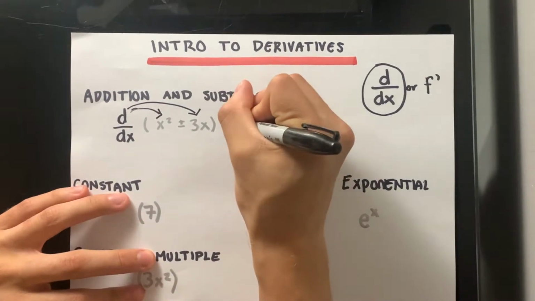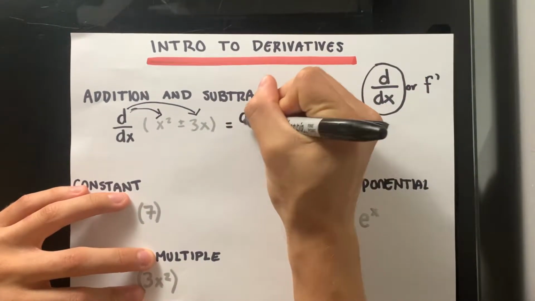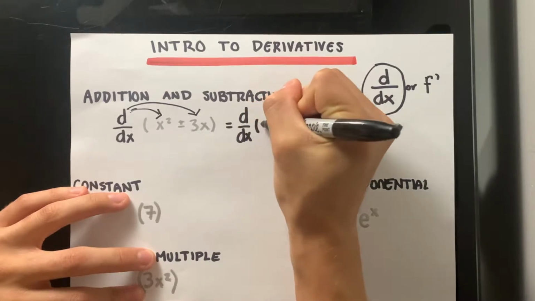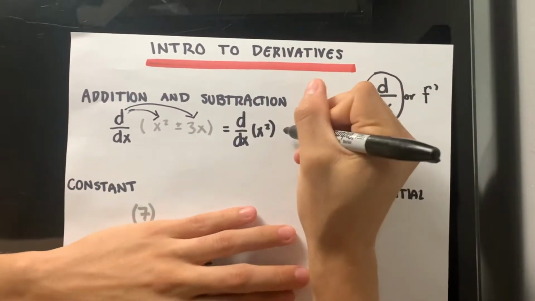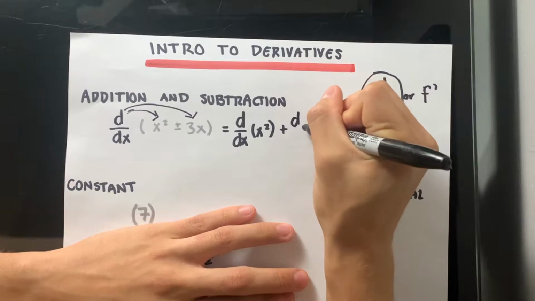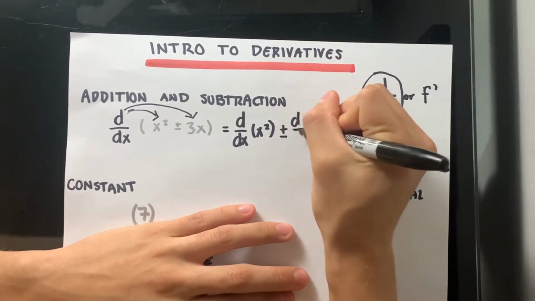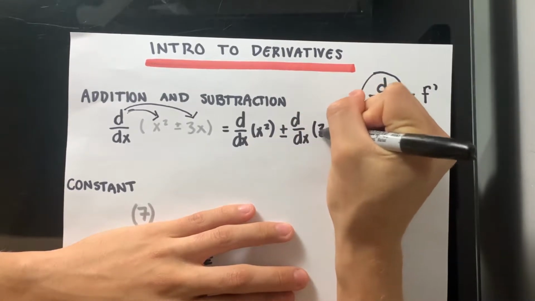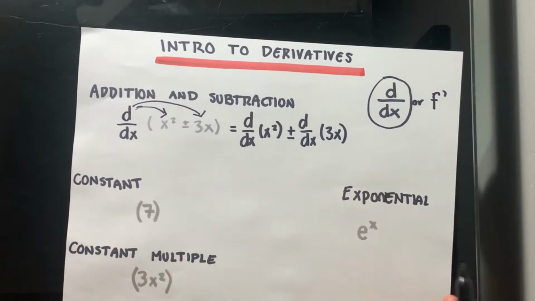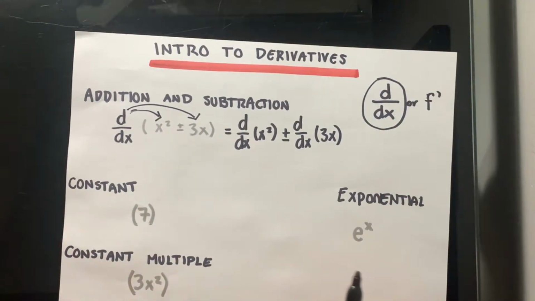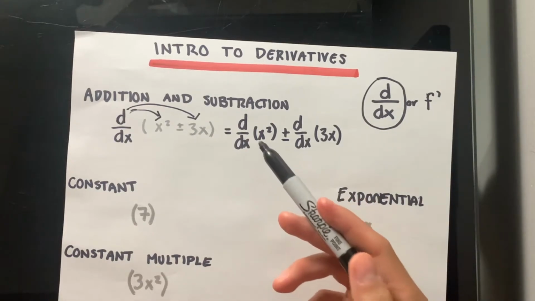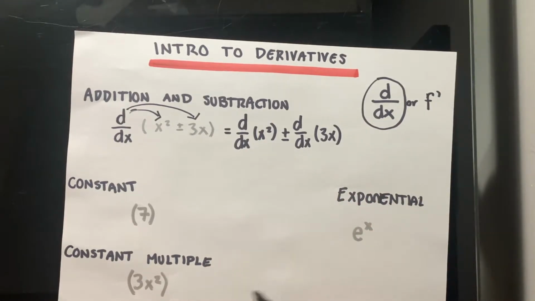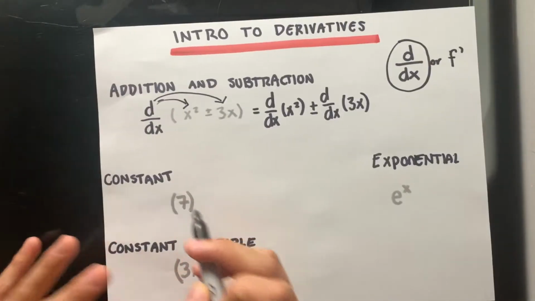So basically, I would be able to do the derivative of x squared, and then the derivative of 3x. I'd be able to add or subtract their derivatives after that. We're not going to do the derivatives right now since this is just an introduction to addition and subtraction. I'll be doing it later in this video. So let's move on to the constants.